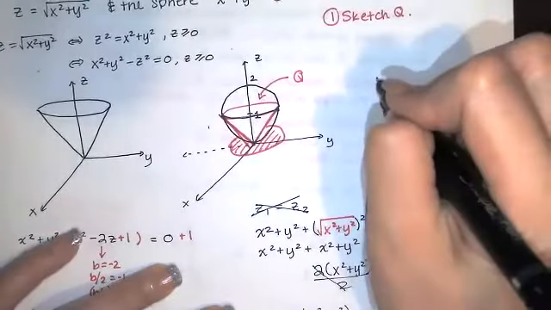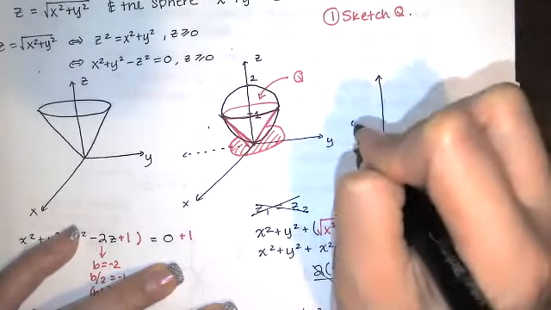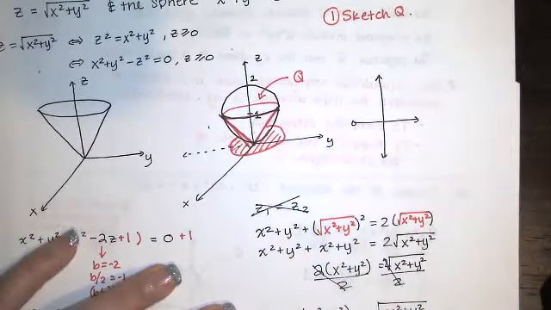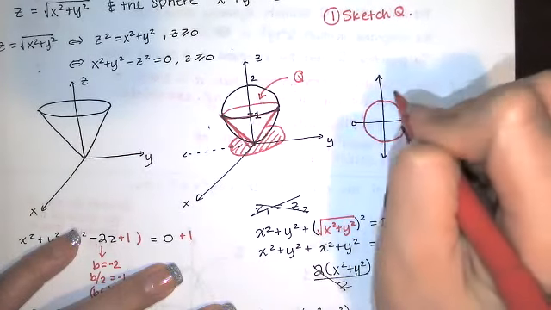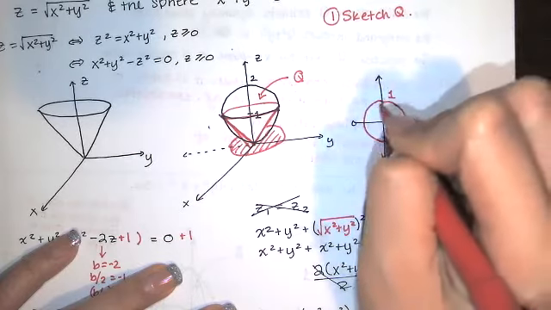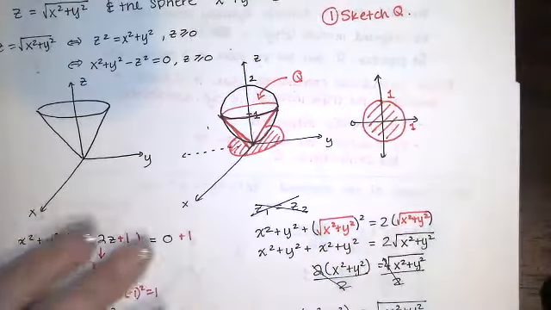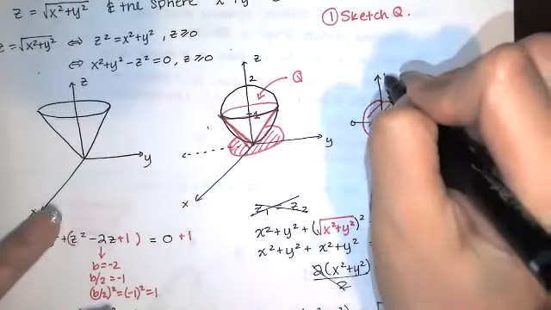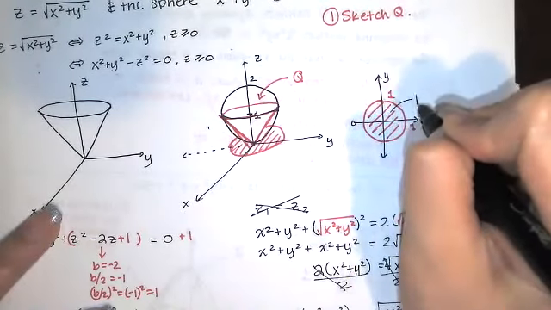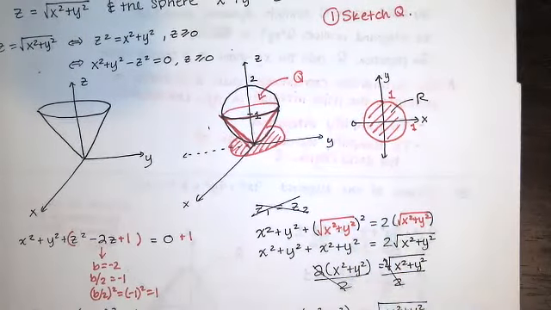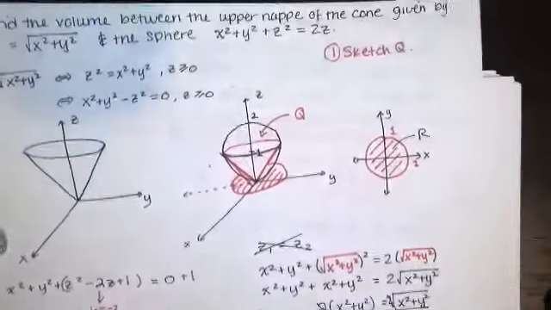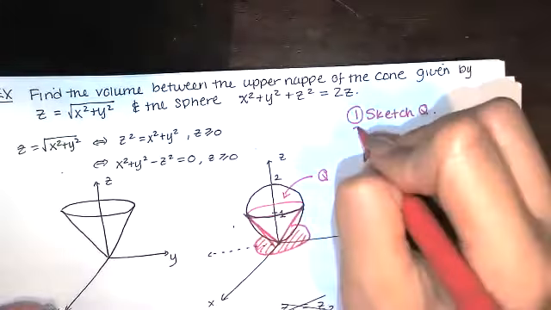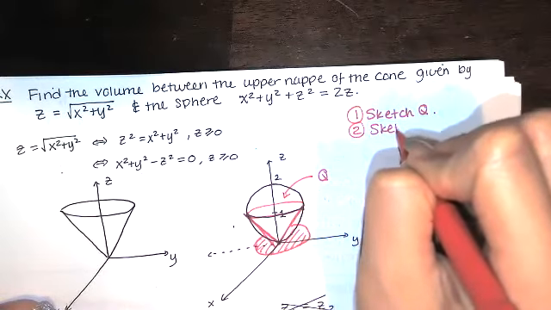So these intersect on a circle of radius 1. That's our region R in the XY plane. Okay, so we sketched Q, then we sketched the region R in the XY plane, the projection.